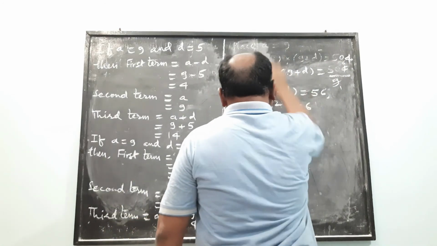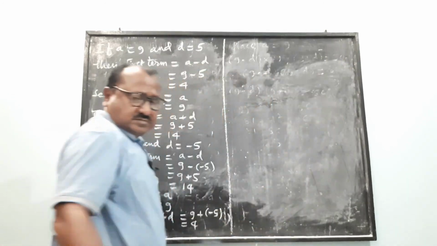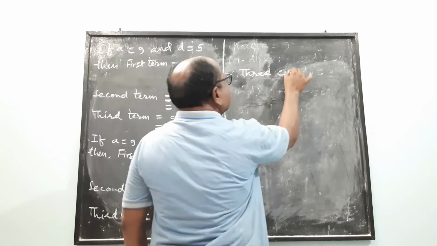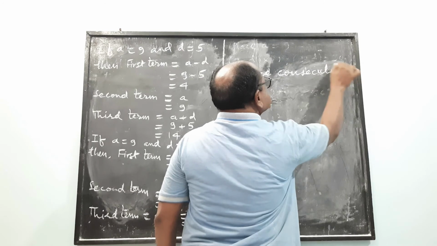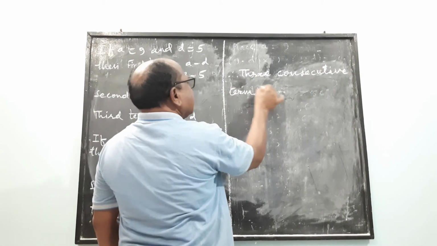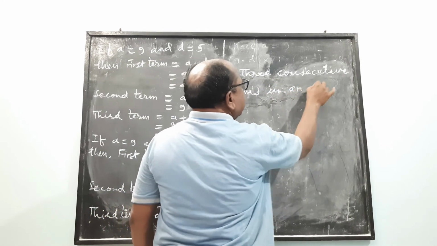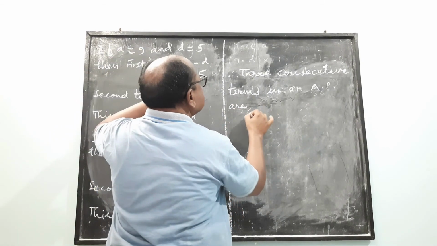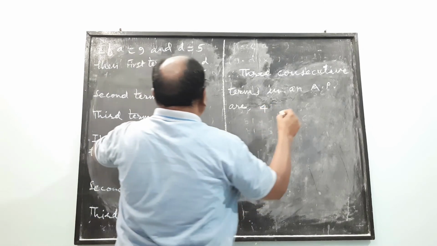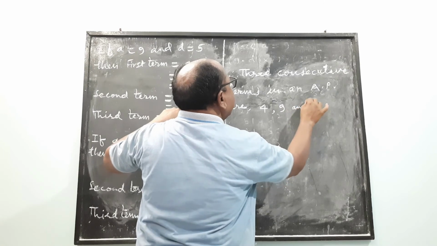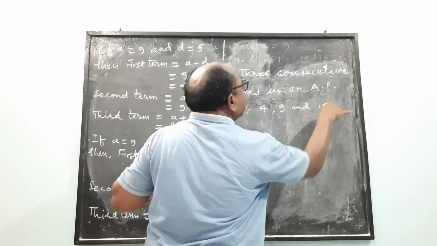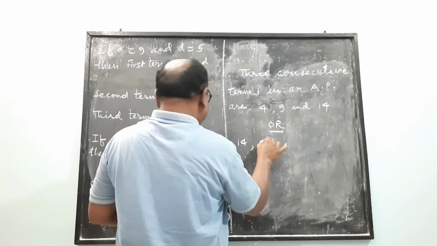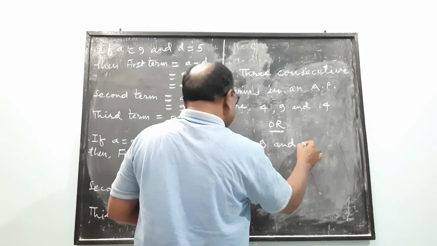So in the last you have to write the solution like this. Therefore, 3 consecutive terms in an AP are 4, 9 and 14, or 14, 9 and 4.